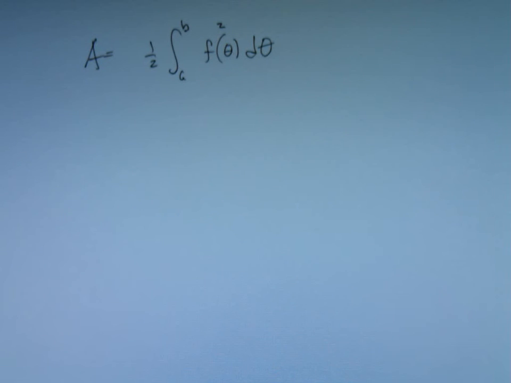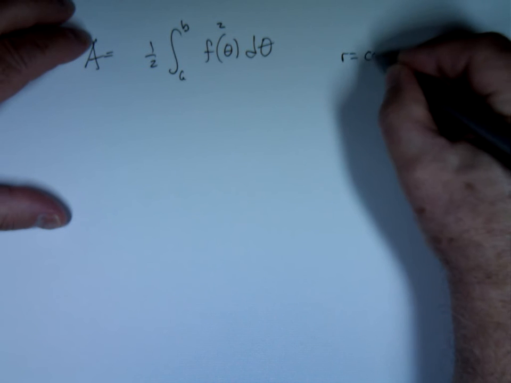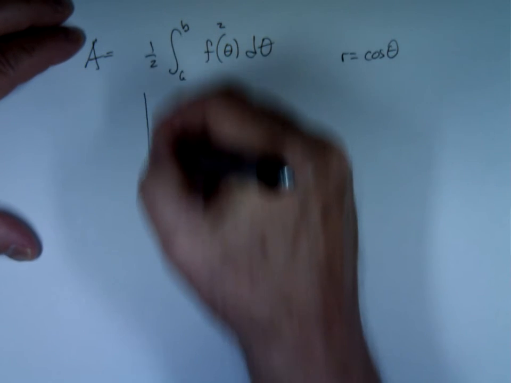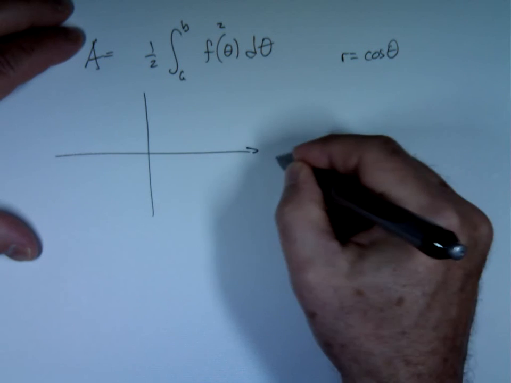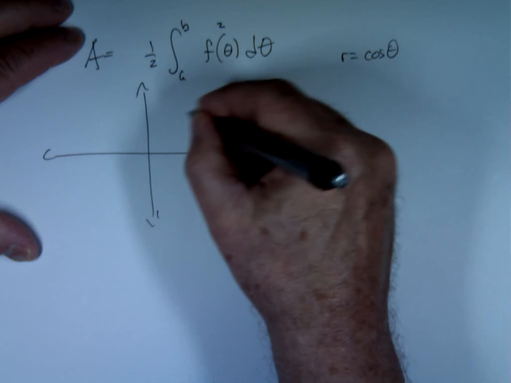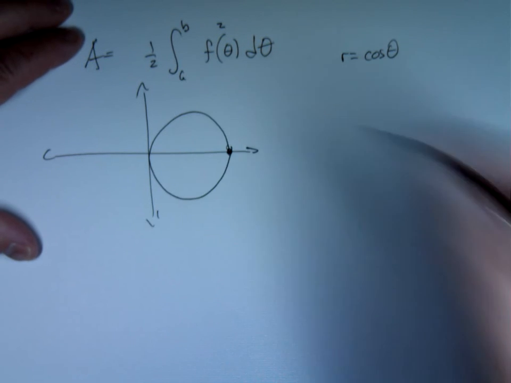Let's do a problem. You ready? Let's do r equals cosine theta. Let's find the area. r equals cosine theta is a circle.